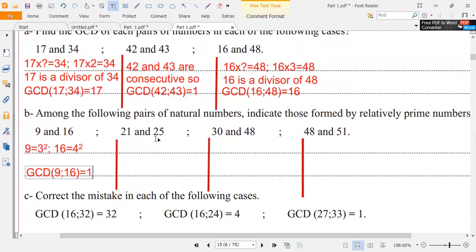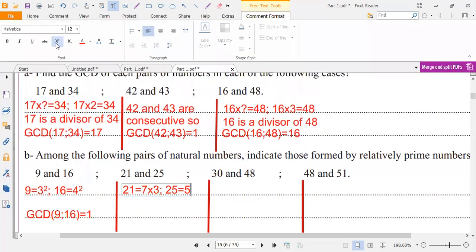Now 21 and 25. Are they consecutive? The first question, no. Can we see directly that they have a common divisor? No. So what do we do? Look, we know that 21 is equal to 7 times 3, and 25 is equal to 5 to the power 2. We can find them directly without the tree method because they are easy numbers.